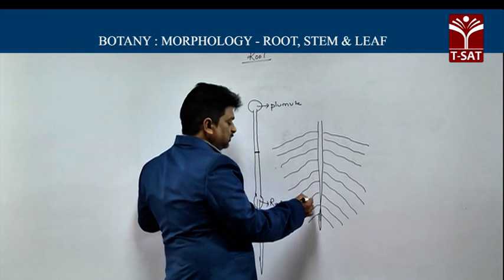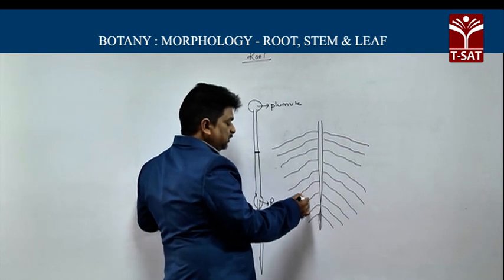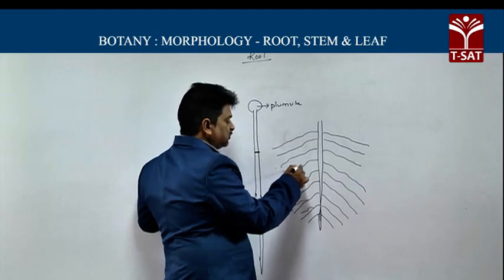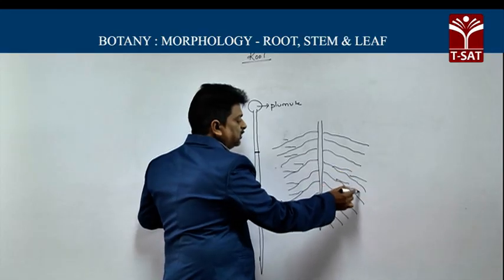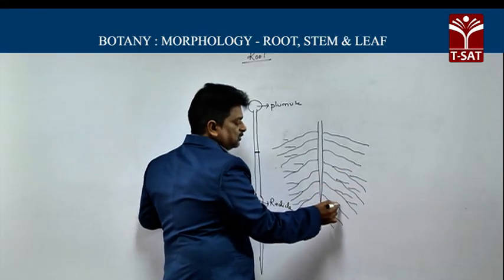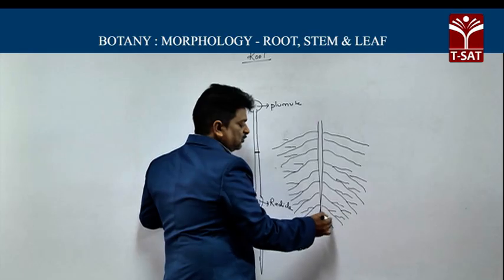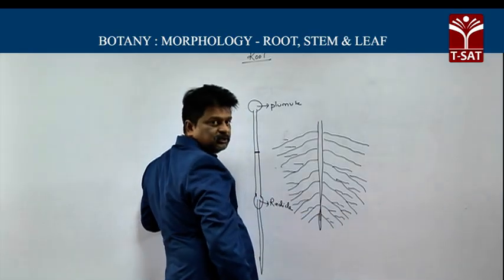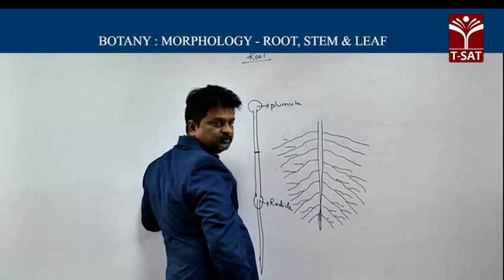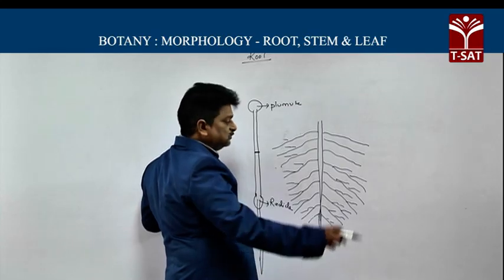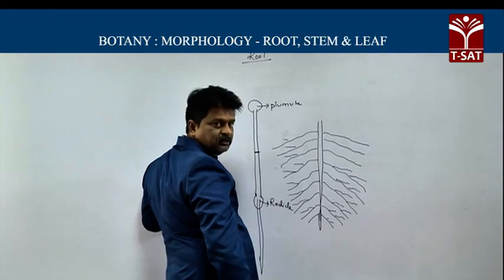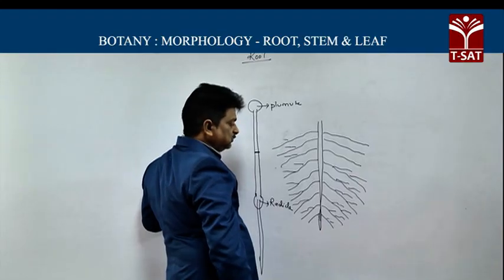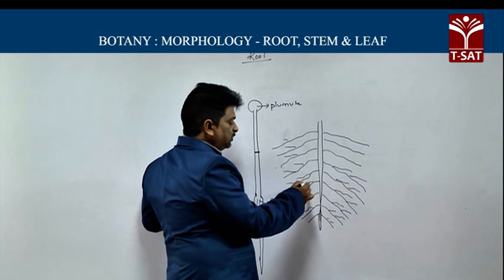Then this primary root gives secondary roots. These secondary roots give tertiary roots or rootlets. Here, all types of roots, meaning primary, secondary or tertiary roots, produce unicellular outgrowths.